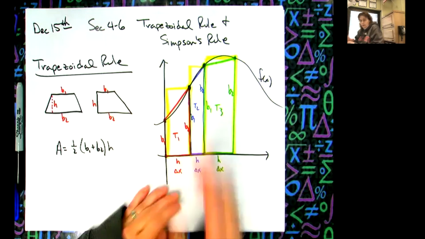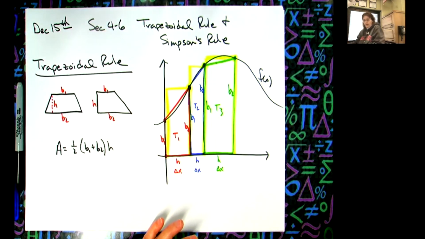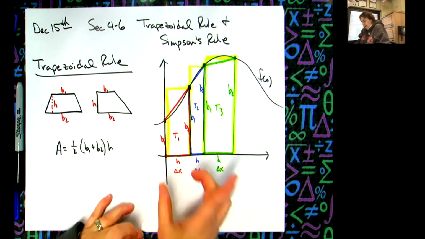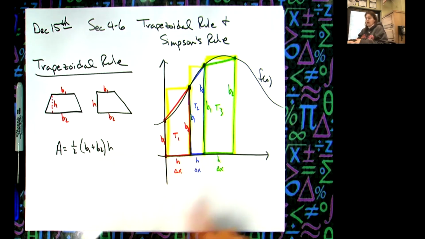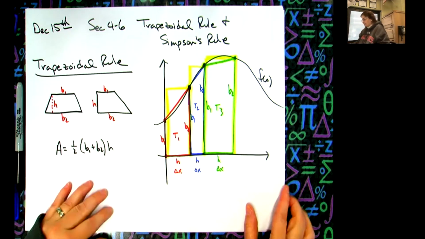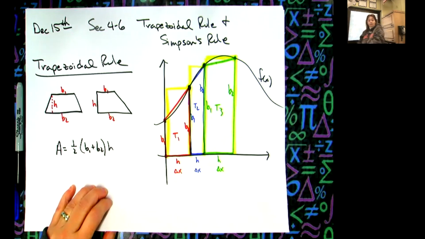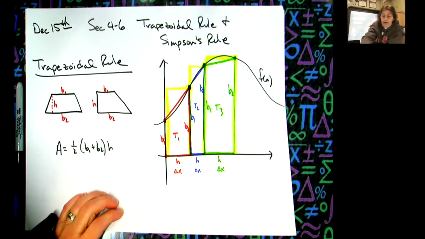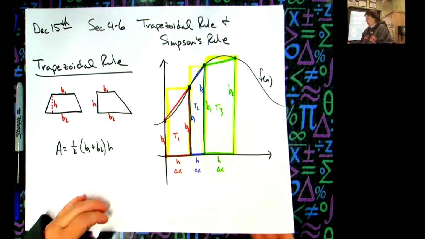Any height in the middle is used 2 times throughout the whole thing. So again, put that in the back of your memory, because when I show you the shortcut formula in the book that only works for equal width trapezoids, you're going to see a pattern right there. All right, so hopefully that's enough background information that we conceptually understand that.